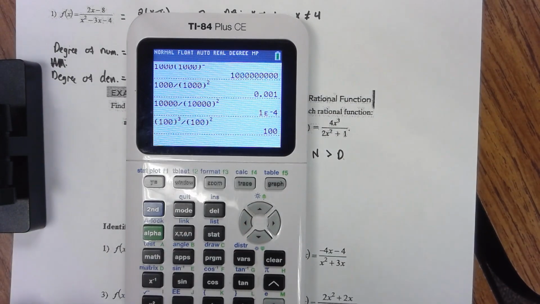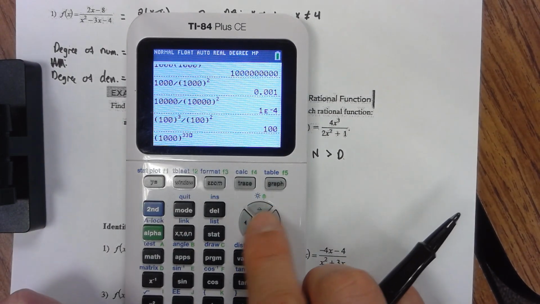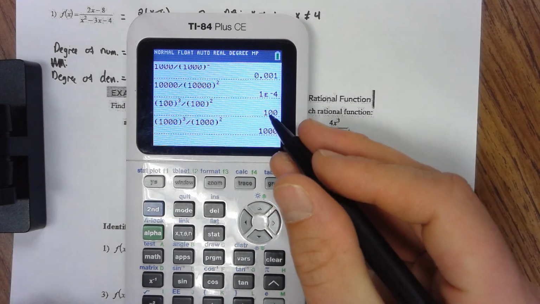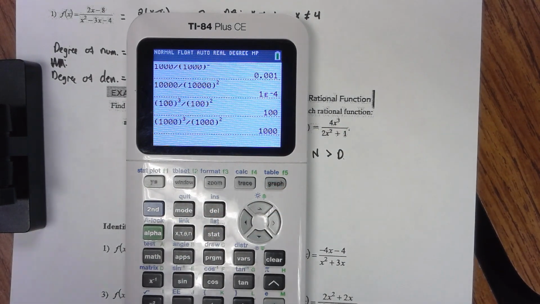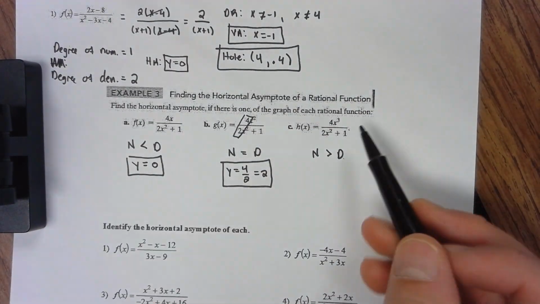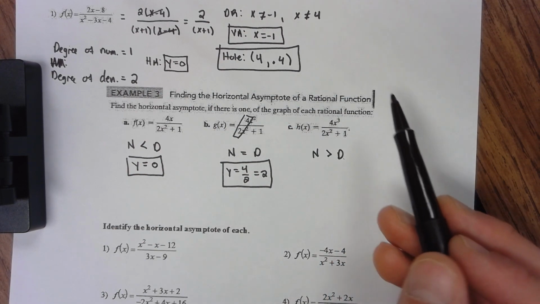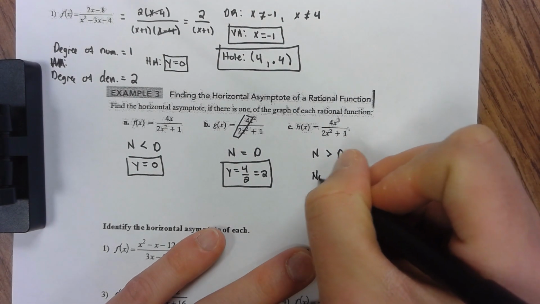Okay, I get 100. If I change it to 1,000, okay, then we're going from 100 to 1,000. So this just keeps growing without slowing down whatsoever. Okay, so again, when I think about x getting really big, the top takes over, and the numerator is going to go to infinity while the denominator stays small. So in this case, there is no horizontal asymptote.